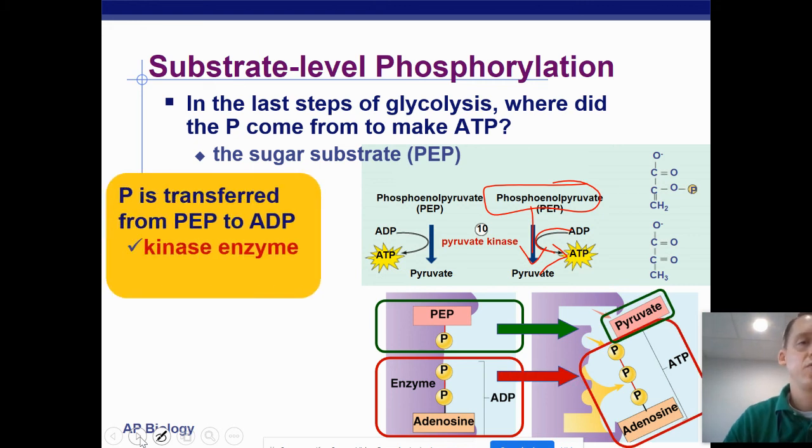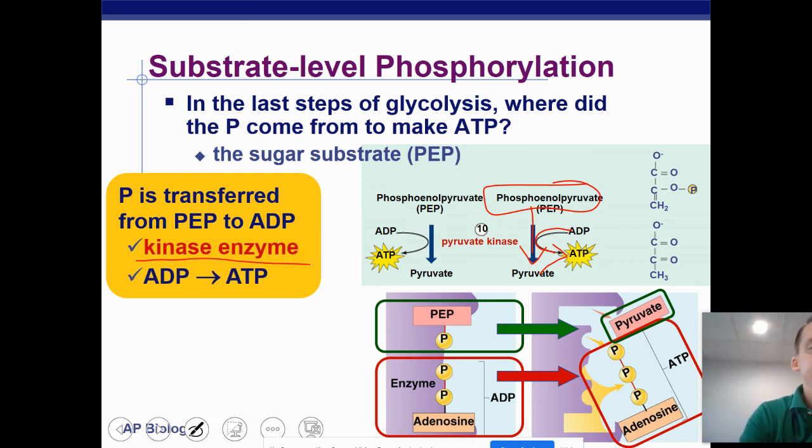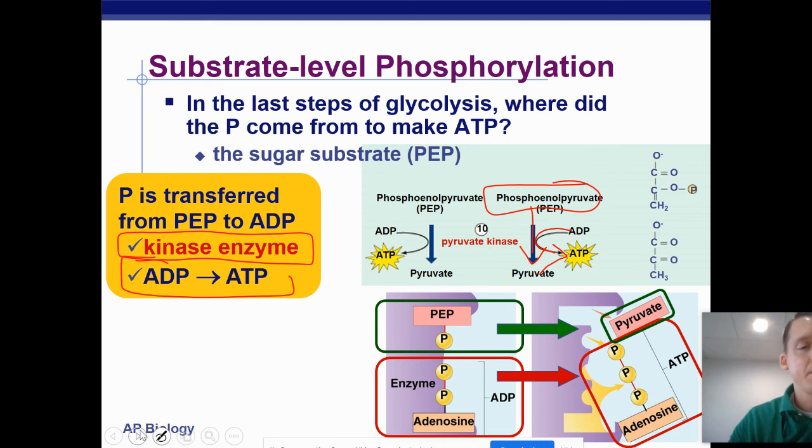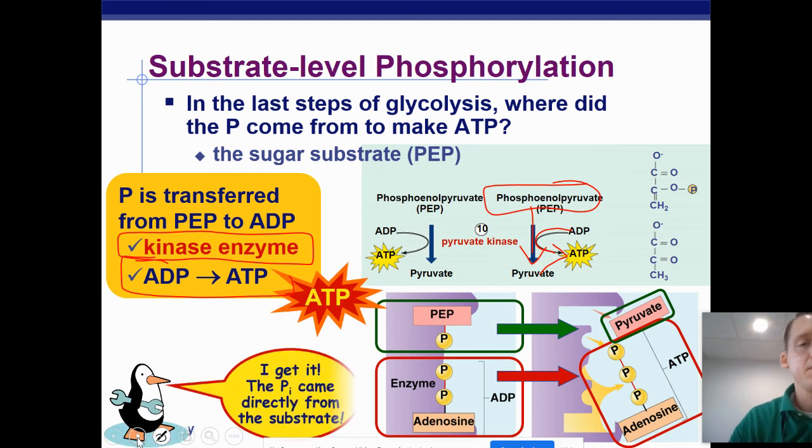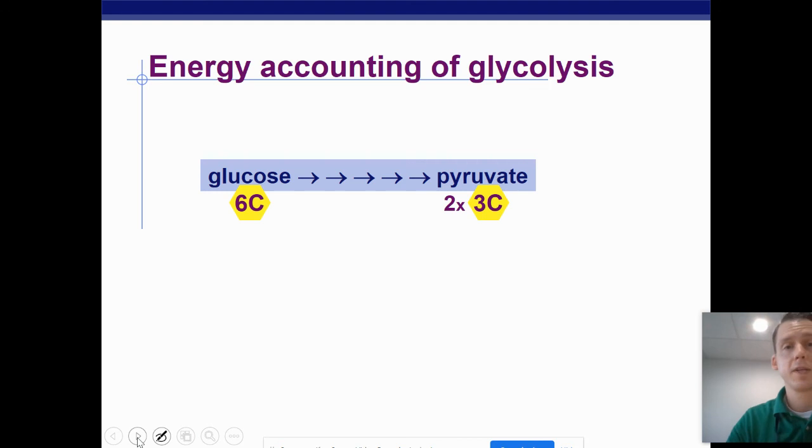Okay, the phosphate is transferred from the PEP to the ADP with the help of a kinase enzyme. That is something you should know, and that makes ATP. Okay, so the phosphate comes directly from the substrate. That's why it's substrate level phosphorylation.